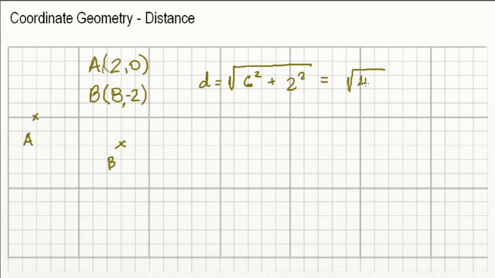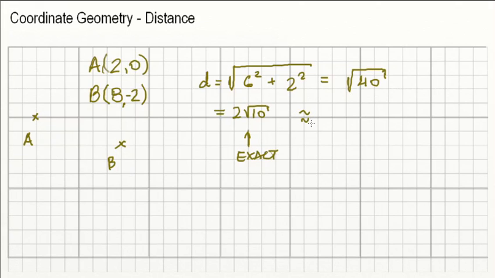So that's root of 40. And if we factorize 40 by 2 by 2, that would be 2 roots of 10. And root of 10 is 2 times 5, so we cannot factorize any further. If we're asked for the exact value, that's our answer.